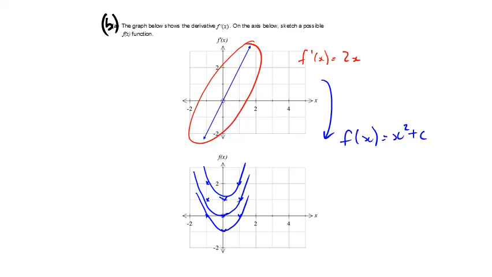So you could have drawn any type of graph, as long as it was a parabola, had your vertex on the origin, and was symmetrical about this f of x line. Placement up and down didn't matter.